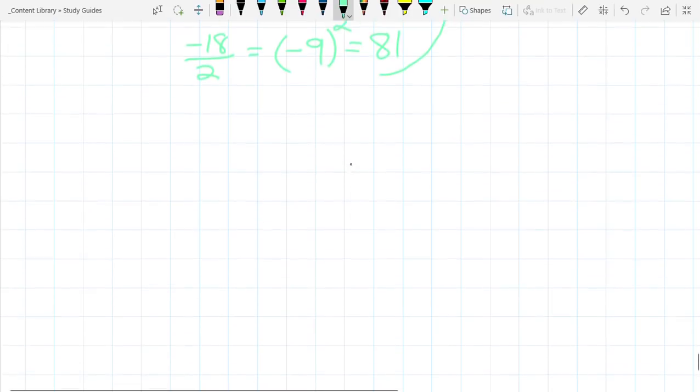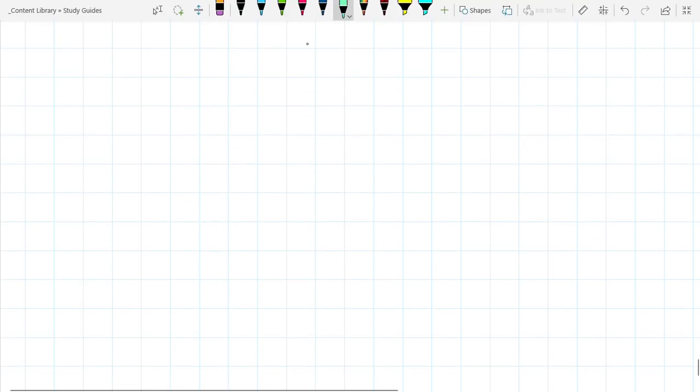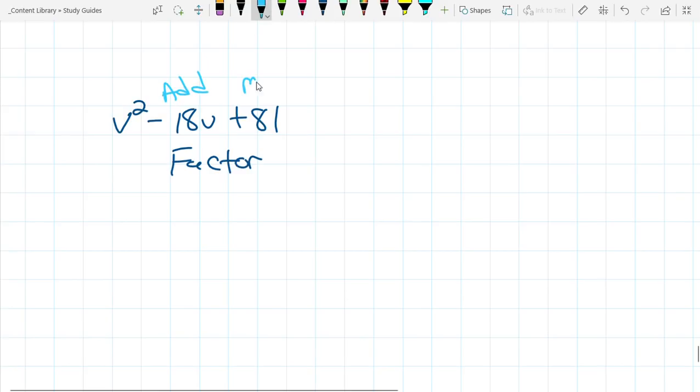Now, the whole reason we do completing the square is because they're the easiest things to factor. For example, if we take a look at the last one, v squared minus 18v plus 81, if you were to factor this, a diamond does work. What adds to give you negative 18 and multiplies to give you 81?